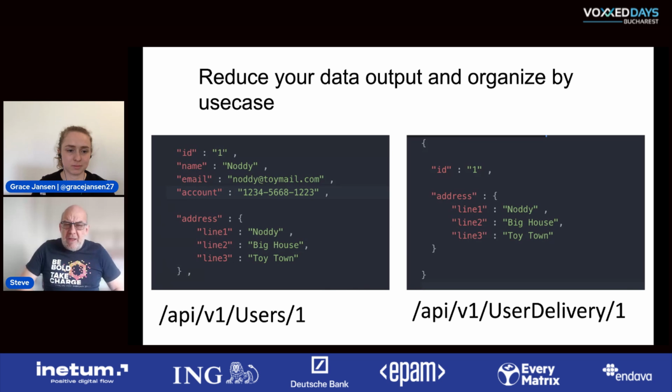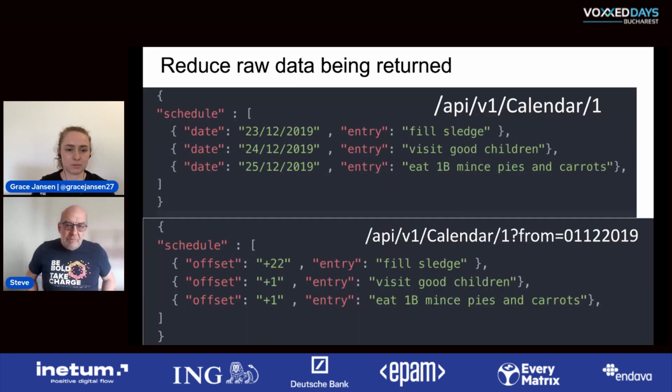You don't want to give out their email addresses, email details, postcodes and phone numbers if all you want is their address. So you write your use cases, you organize your APIs around the data structures that you need to deliver, and you deliver only that. You just don't give them everything else, because you're limiting their ability to access your data. They've got to compromise the other API to get at that data.